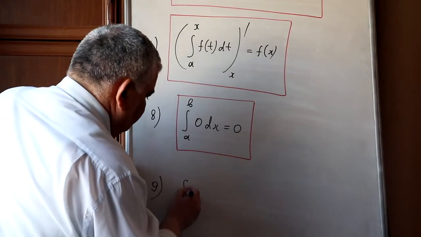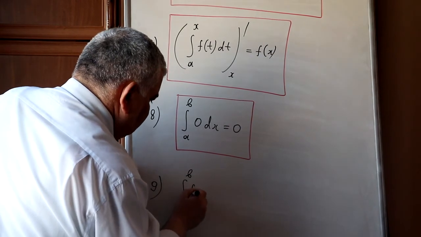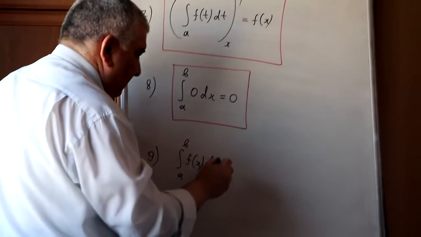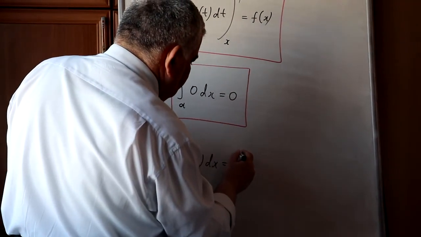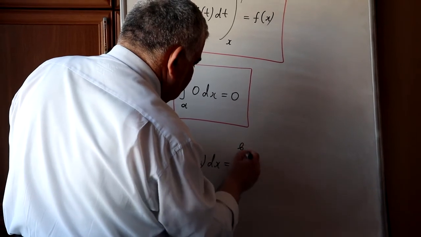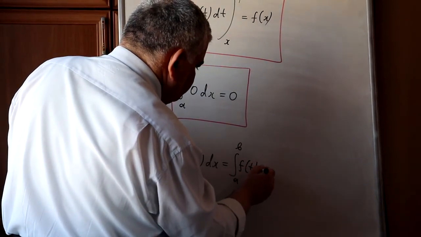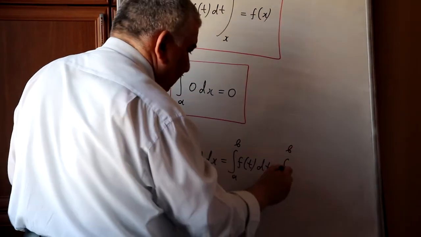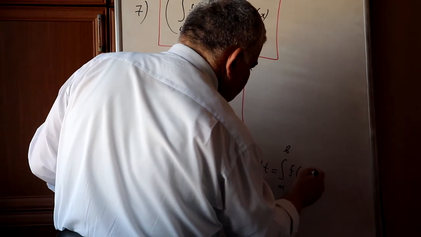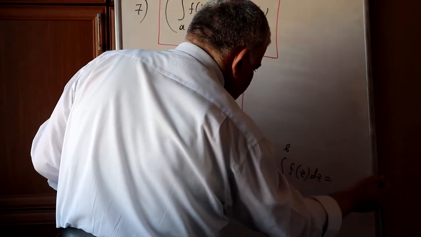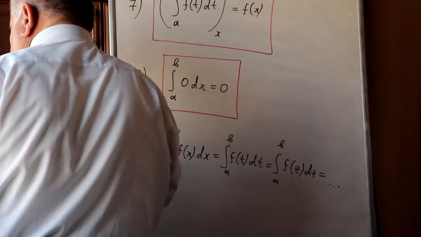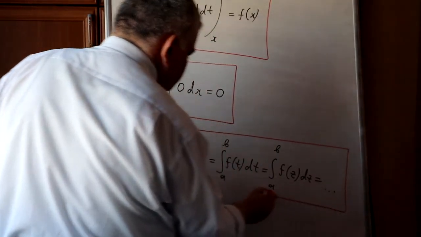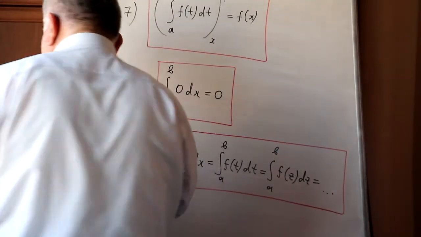For example, integral from a to b f of x dx is equal to the integral from a to b f of t dt is equal to the integral from a to b f of z dz is equal to etc. Then continue.